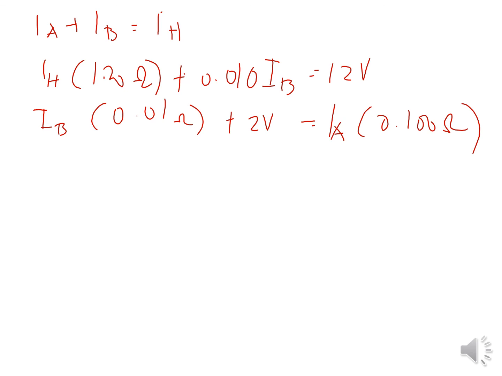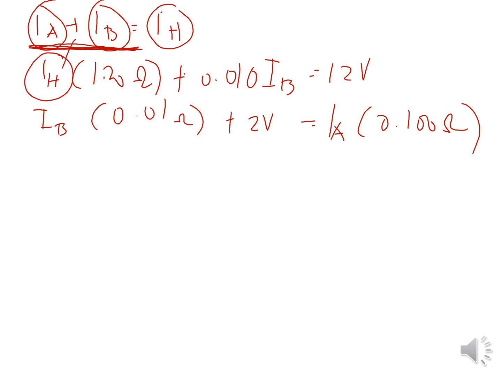So what we need to do is we're going to use algebra. We have here three unknowns, IH, IB, and IA. So therefore we need three equations for us to get the three unknowns. Just use the basic equations of algebra. Since you have this given, the IH can be replaced by IA and IB.